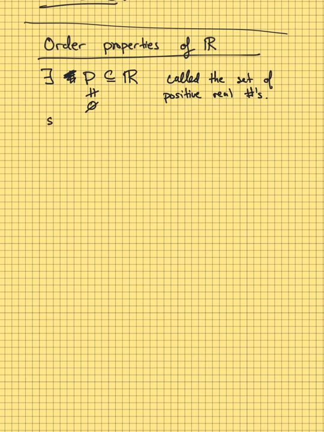So we're just going to think of this now as a certain subset which satisfies some properties. Okay? So satisfying the following properties. And of course, these will be properties that are going to be very familiar to you as we're thinking of these as the positive numbers. Okay, but again, the moral is we're really going to just think of this as a subset satisfying these properties, rather than knowing that it's the positive reals.